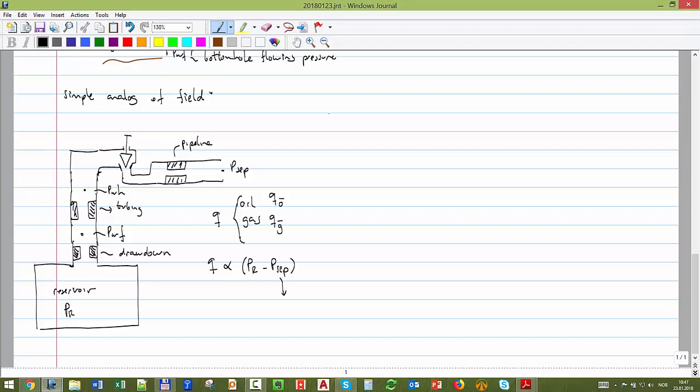Well, one simple reason. In the separator, remember, we have volumes of liquid and gas. So if I change the pressure, these volumes are going to change. If I put the pressure much lower, the volume is going to be much higher, and the velocities are going to be very different. Then the deposition of the droplets in the separator is going to change dramatically.